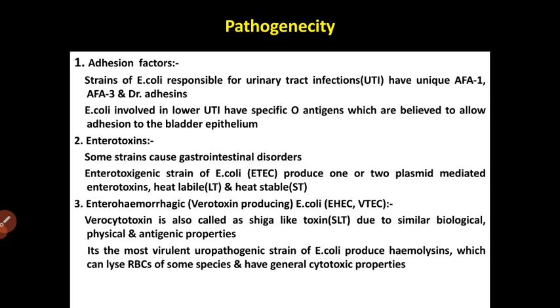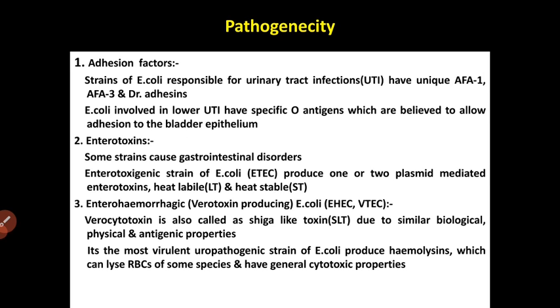Next, enterohemorrhagic or verotoxin producing E. coli. It is labeled as EHEC or VTEC. Understood? Enterohemorrhagic E. coli, EHEC, verotoxin producing E. coli, VTEC.